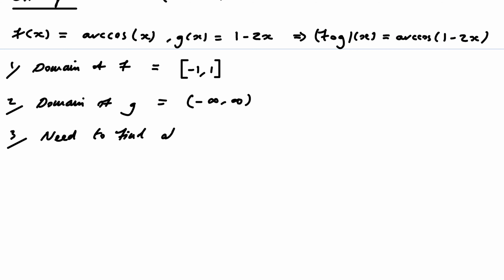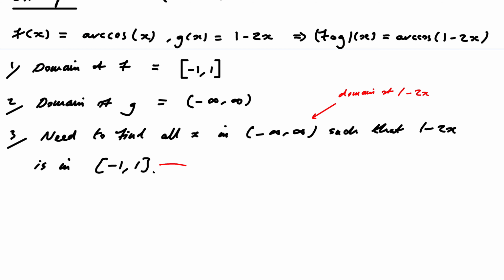Once again, this is the domain of 1 minus 2x, and this is the domain of arc cos. So this isn't so difficult. It may look nasty, but actually it's quite simple.